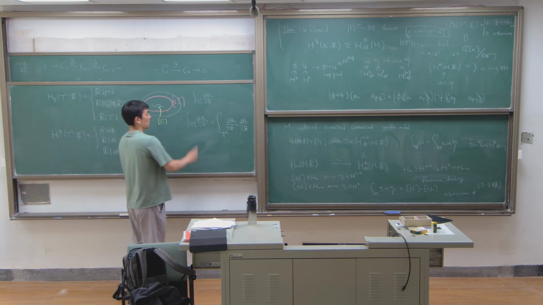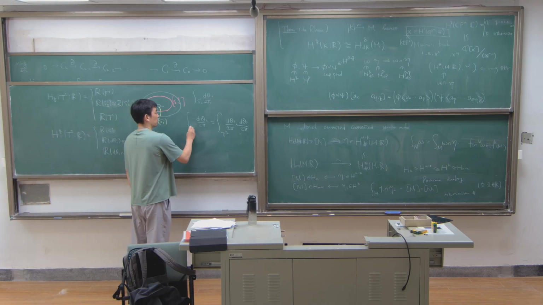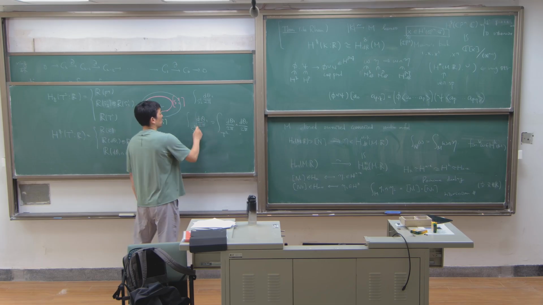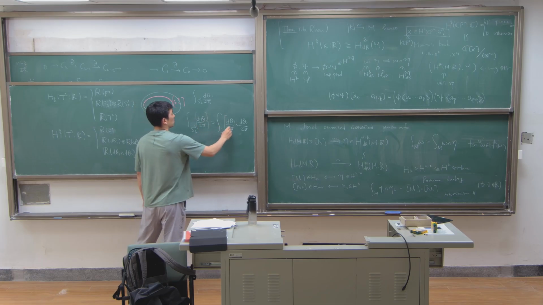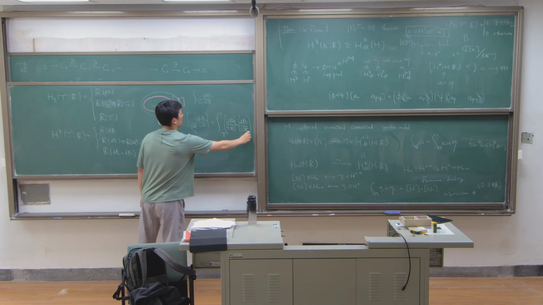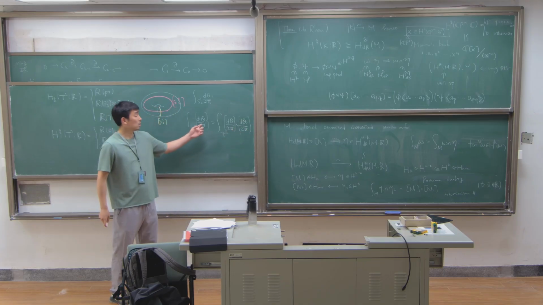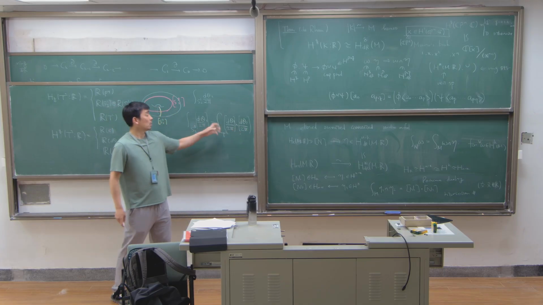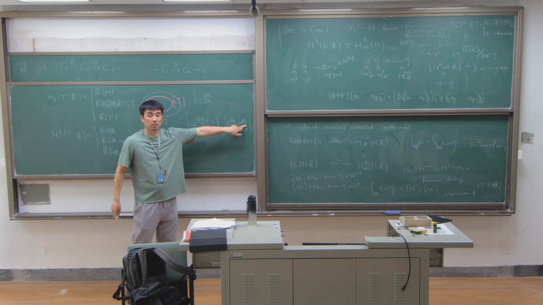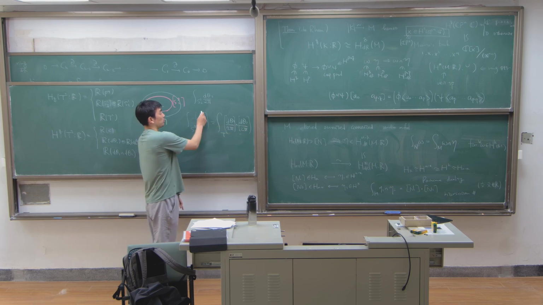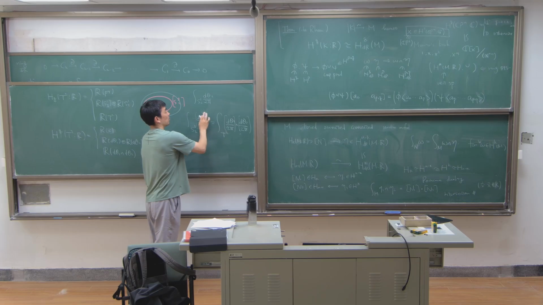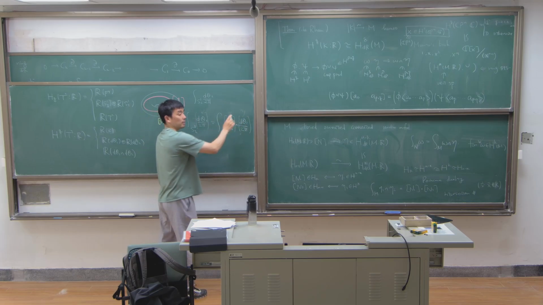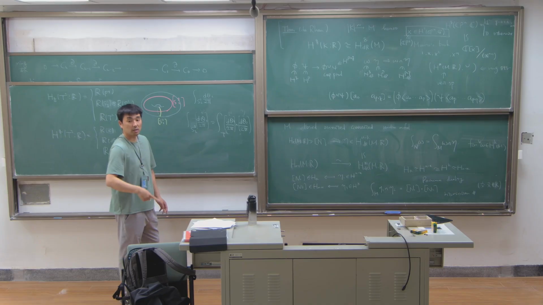So in this case, like this one, d theta 1 over 2 pi, and this one. So this can be treated as omega. This can be identified with omega here. This identifies A over there. You understand what I mean?